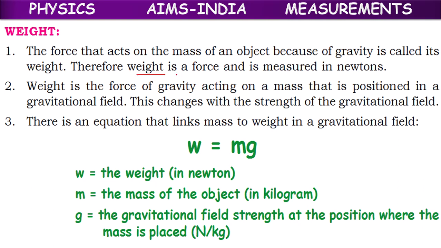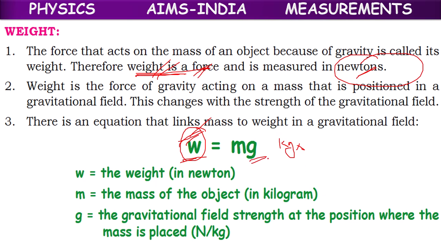Okay, children. So weight is a force. Here, weight is because of gravitational force. So that's why we can consider weight as a force, which is measured in newtons. Mass is measured in kilograms.